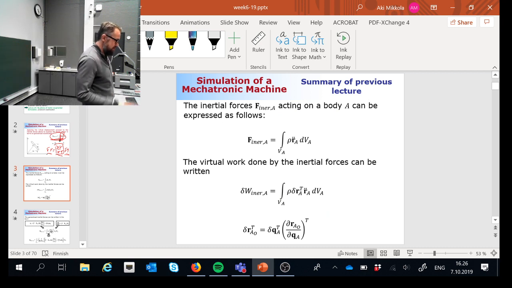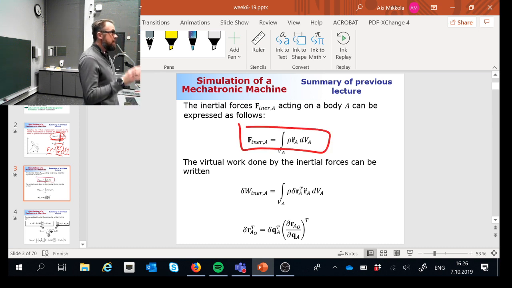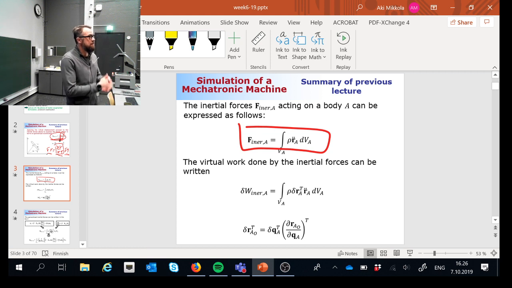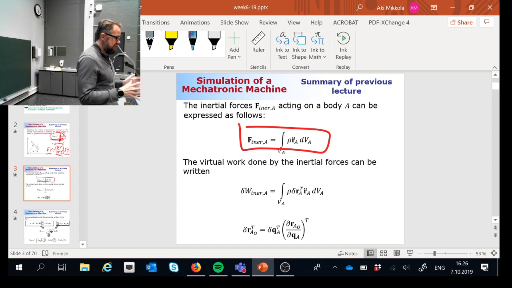So how this actually goes. Now we have these inertia forces expressed as mass multiplied by acceleration. And now I wanted to be more sophisticated than just saying mass multiplied by acceleration. So the way I express my mass is a volume integral of the density of the body within the boundaries of the body.